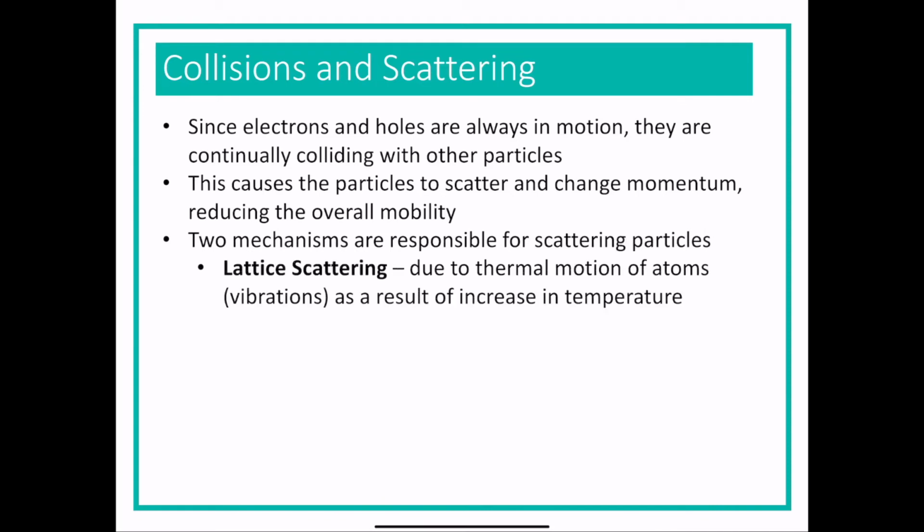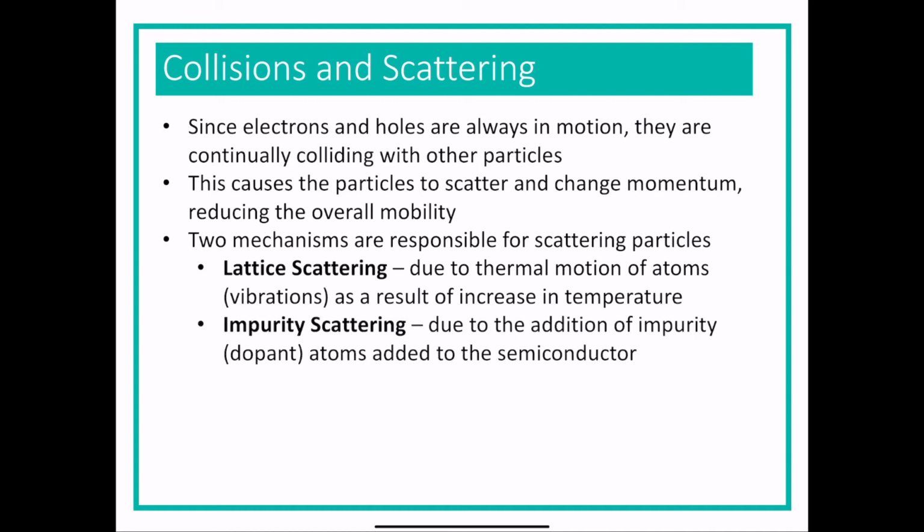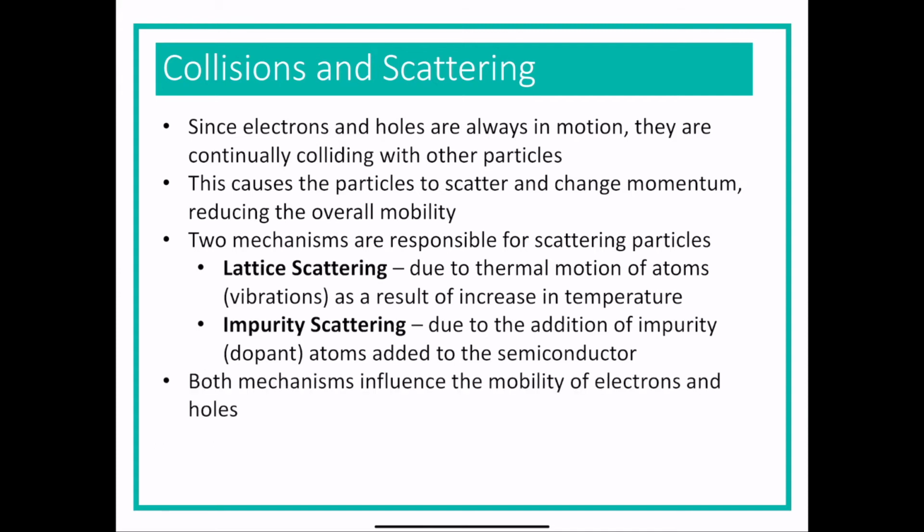One is lattice scattering, and that's when you have atoms vibrating because the temperature gets higher, and because the lattice is vibrating, carriers run into the lattice structure and scatter all over the place. The other is impurity scattering, where you add impurity atoms and carriers run into them also. So both of these influence how well electrons move.